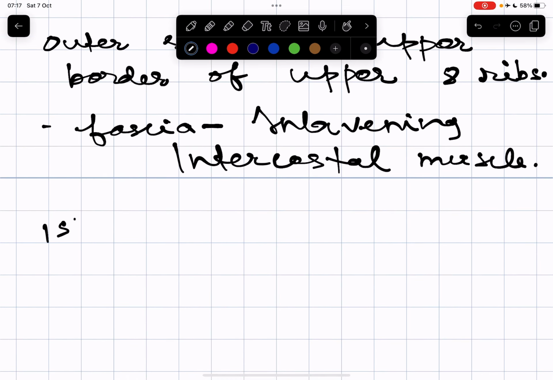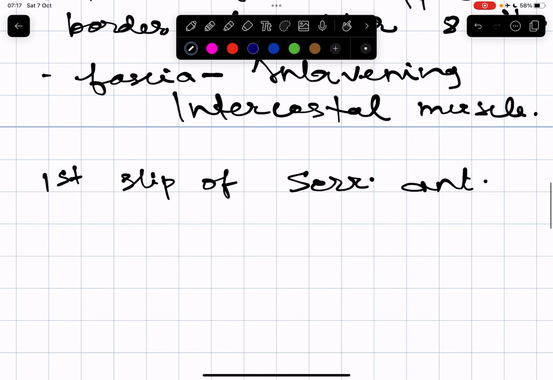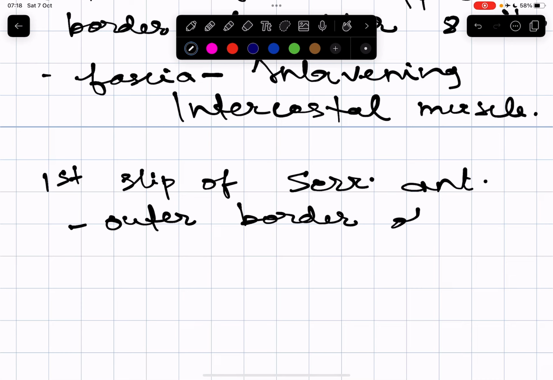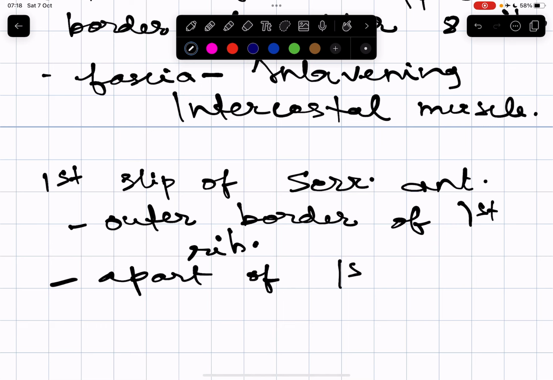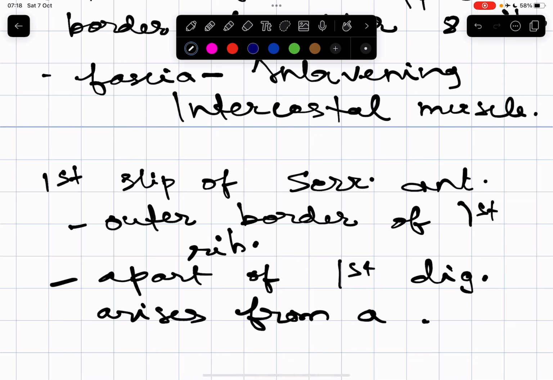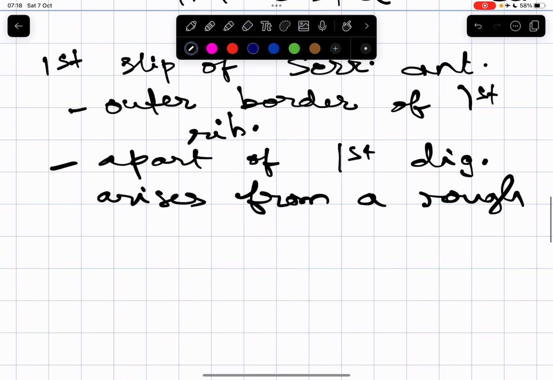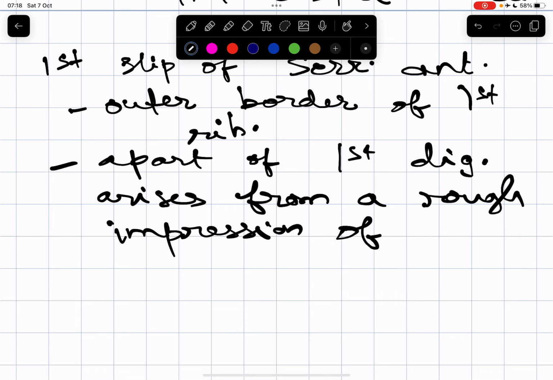Here, the first slip of serratus anterior takes its origin from the outer border of the first rib, and a part of the first digitation arises from a rough impression of the second rib.